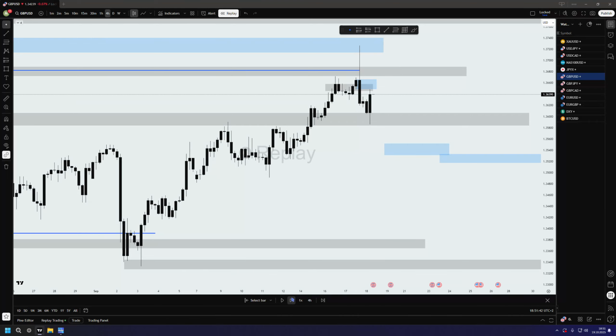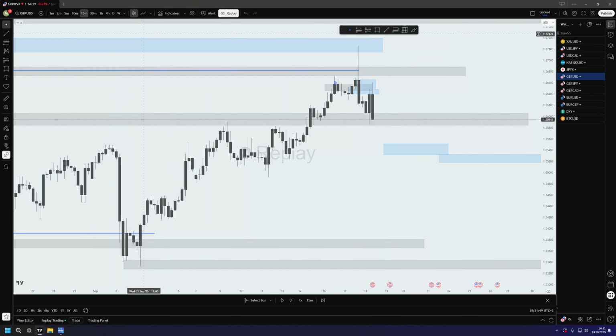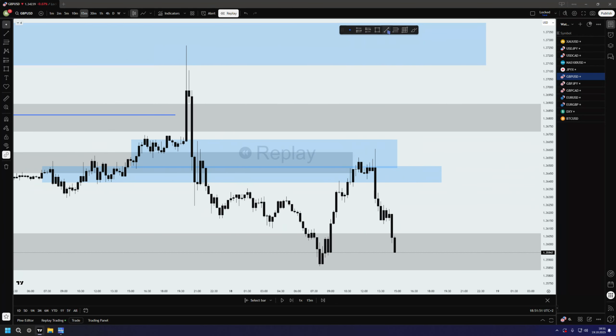What I will usually do is either enter off this EG, like here, or wait, and then let's go like 15 minutes or something. We create an EG here. After closing, I could look for sells.